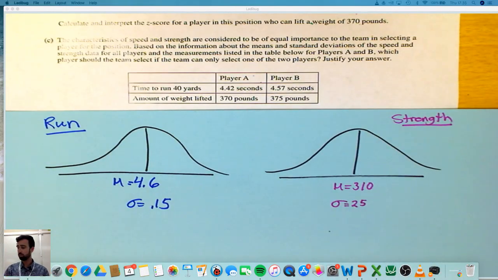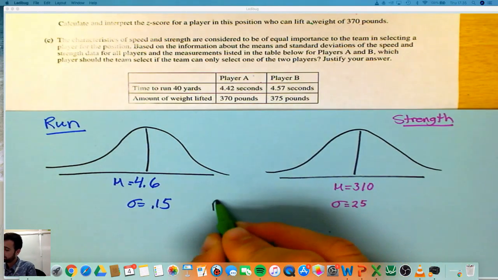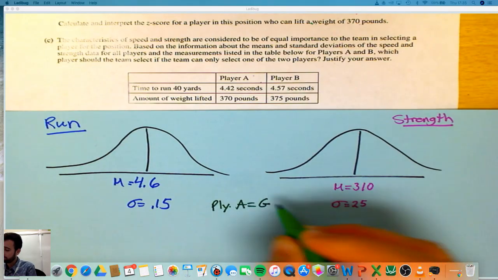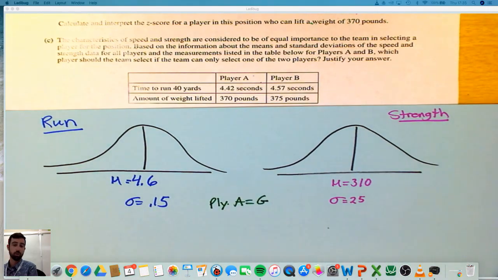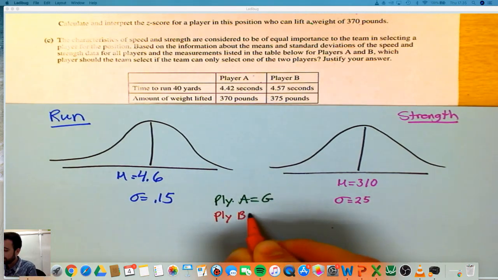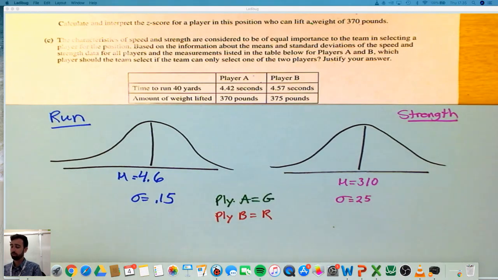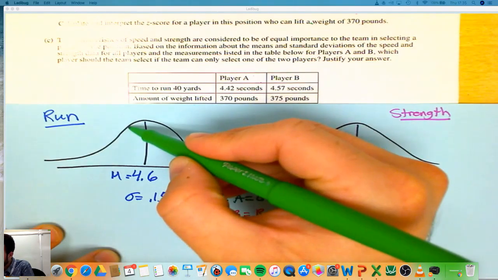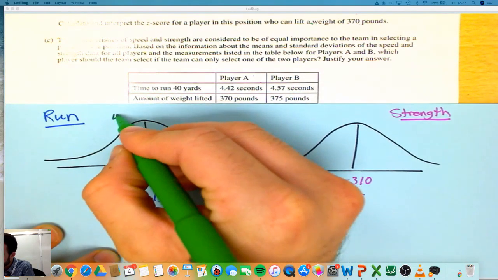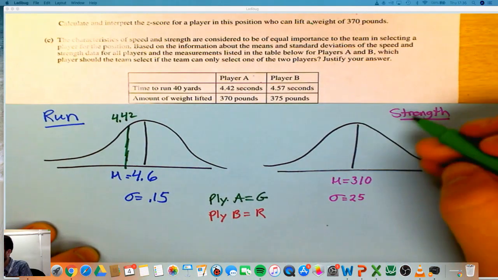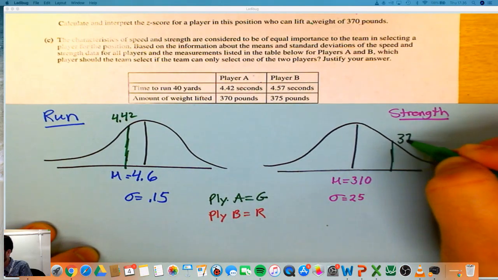Then we have these two players. I'm going to do player A in green. I don't know why I wrote PLY for player, but we're going to roll with it. Player B in red. So for player A, they have a run time of 4.42, and they have a weight lift of 370.